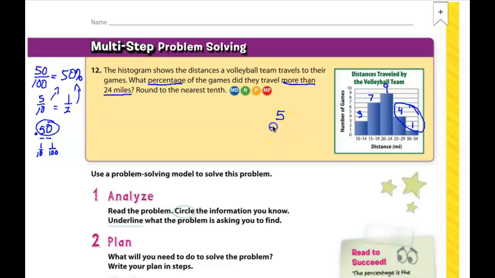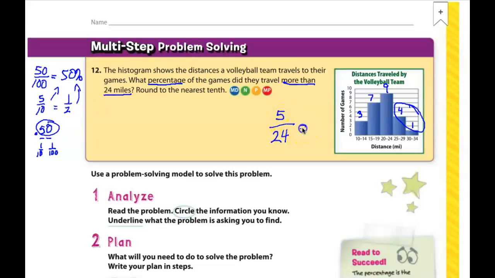So out of the total number, 5 of those were more than 24 miles away, but there were 24 total games, which brings us back to the question. We're supposed to find a percent, but what we have here is a fraction. So how can I make a fraction into a percent? Well, the key is decimals. So how can I convert this?